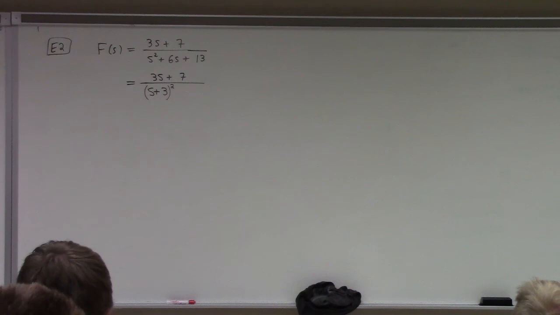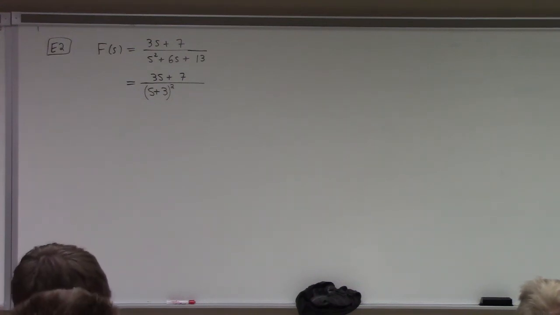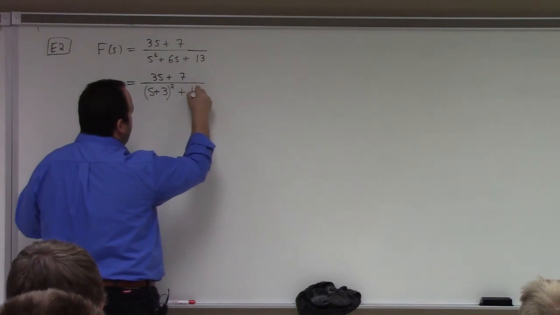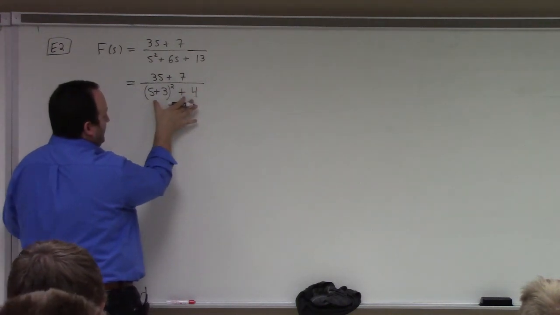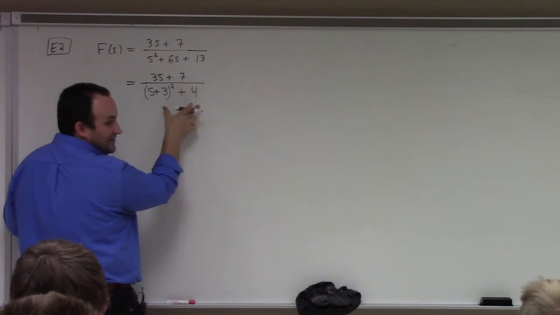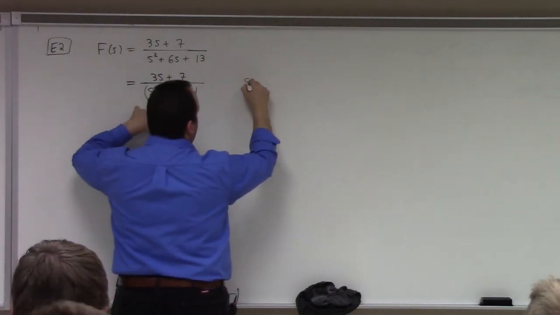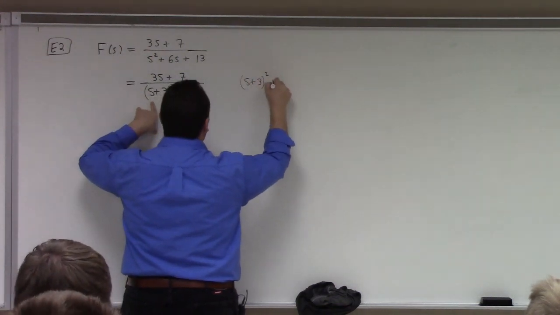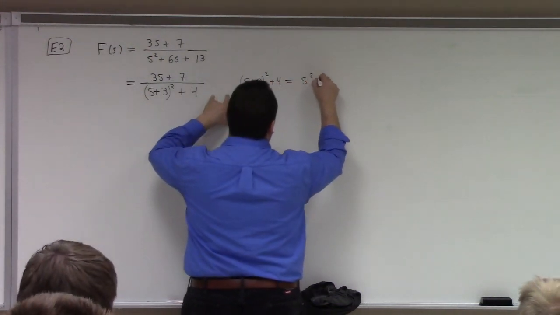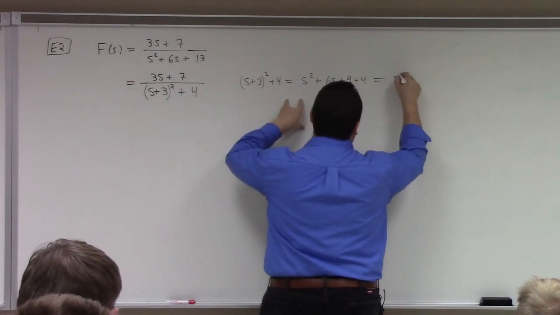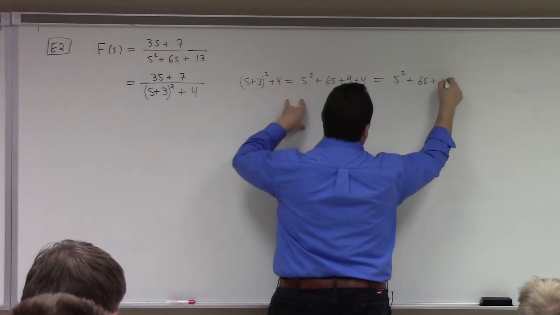If I do that, that's like adding 9, right? But we have a 13 there before. So we have to have plus 4, right? Now, the ultimate judge of whether or not you did the completing the square correctly is to take what you just did and multiply it out. s plus 3 squared plus 4 is s squared plus 6s plus 9 plus 4, which is equal to s squared plus 6s plus 13.